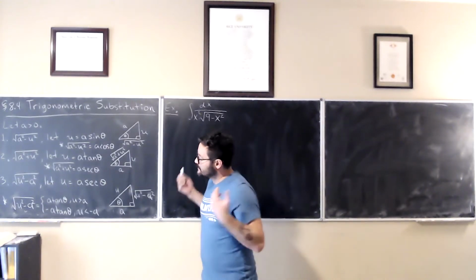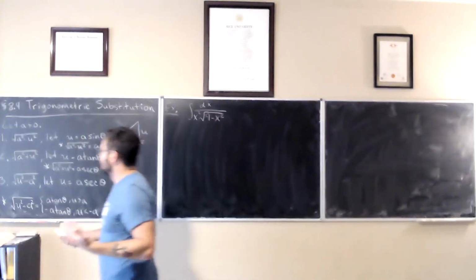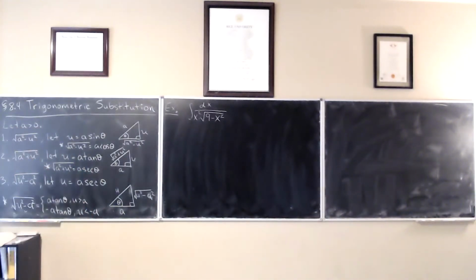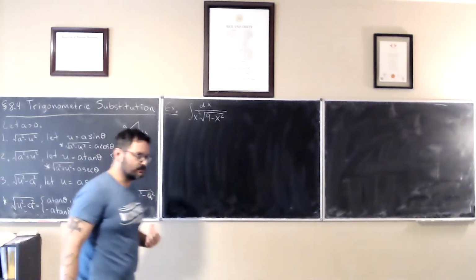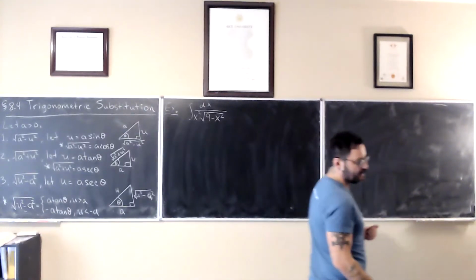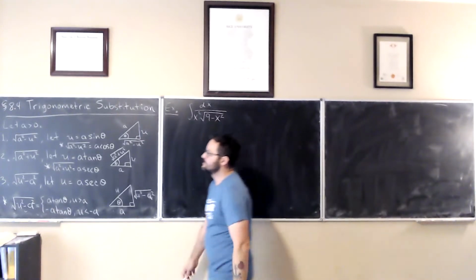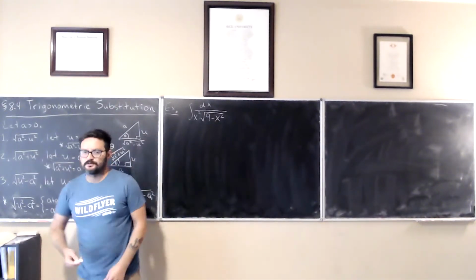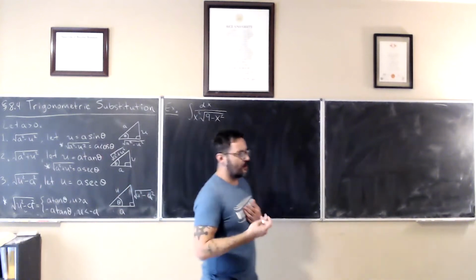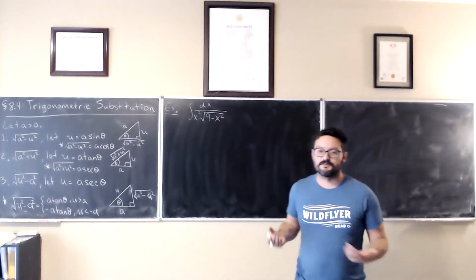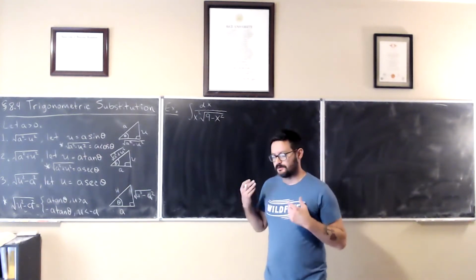But the basic idea is that we're going to learn how to deal with integrals that involve square roots of differences or sums. The way we're going to do that is by imagining that this square root is calculating one of the sides of a right triangle. That's the whole idea.